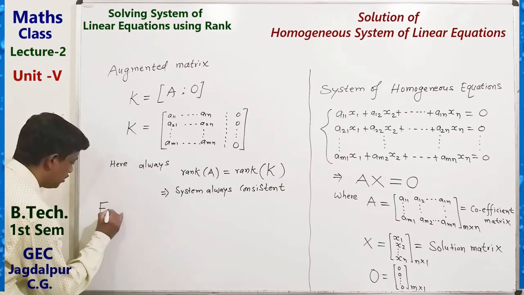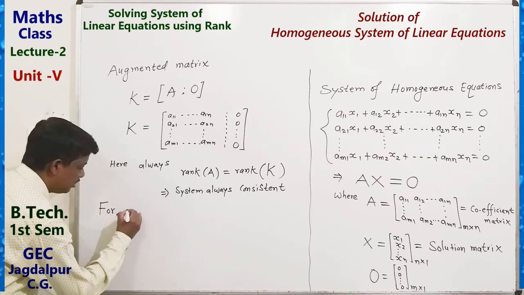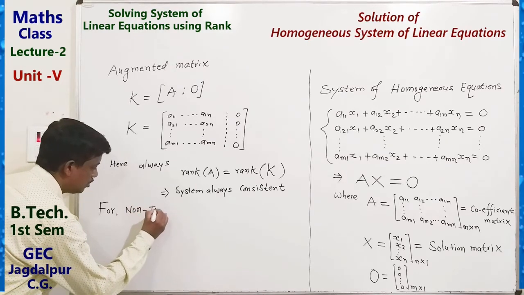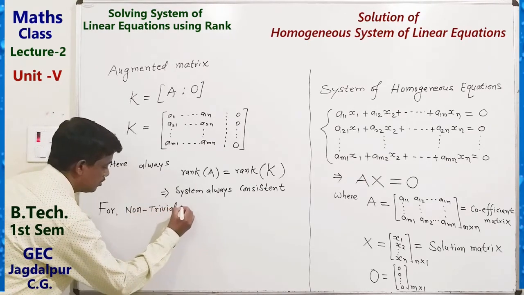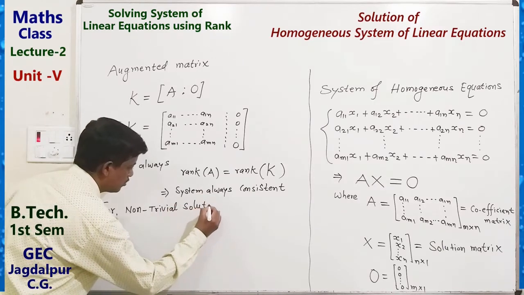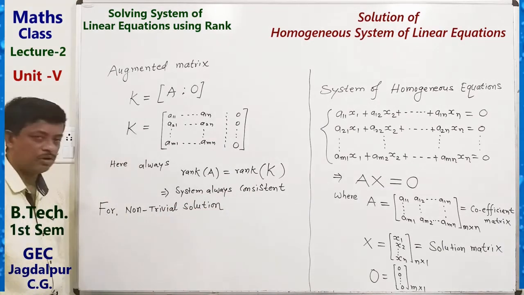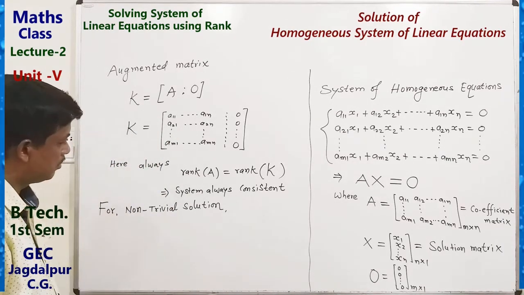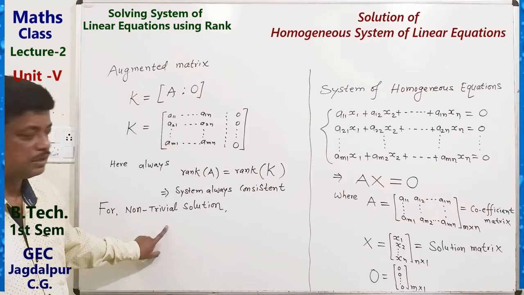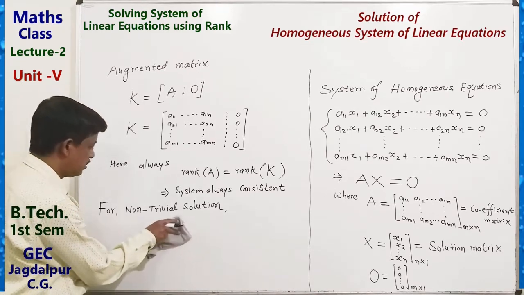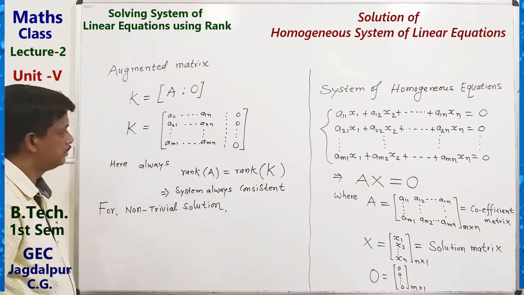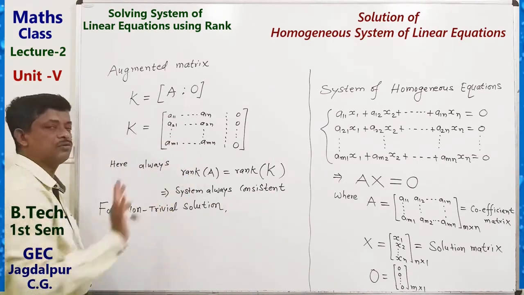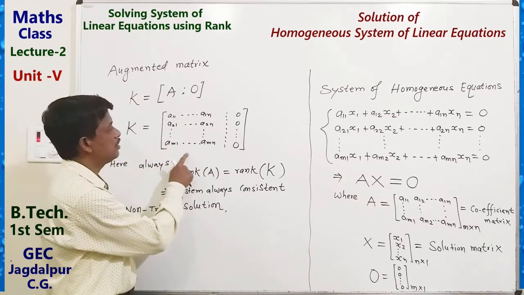For a non-trivial solution, it means the rank of A and the rank of K are both equal and less than the number of unknowns.